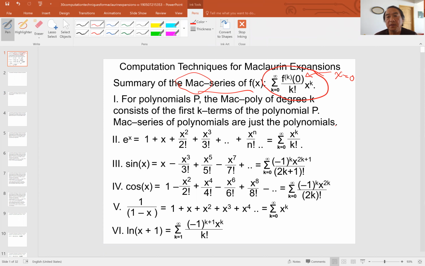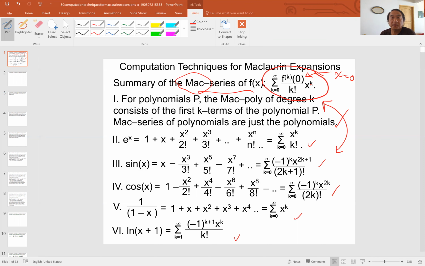For a polynomial, you get back the polynomial. For exponential functions, you get this, and sine, cosine, 1 over x, and so on, and log of x plus 1. These are the Maclaurin expansions which we can calculate directly using the expansion formulas. Now, how do we compute in general an elementary formula?